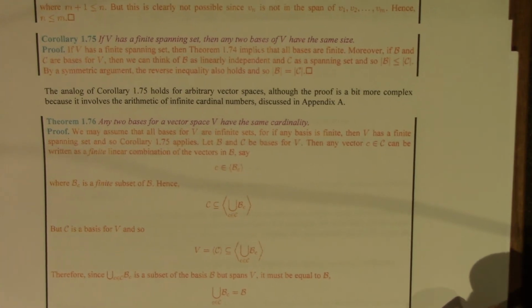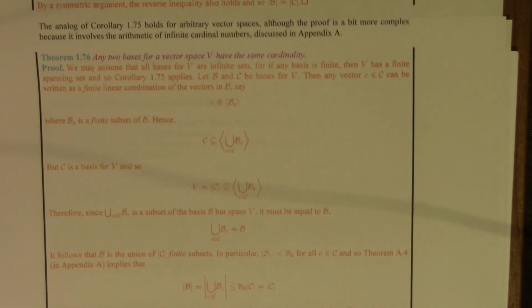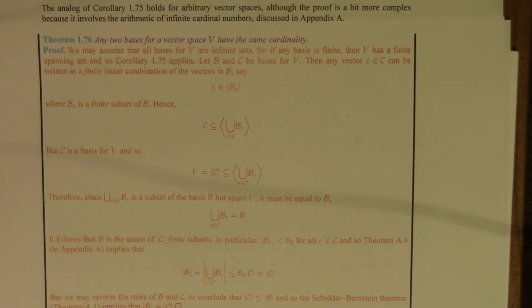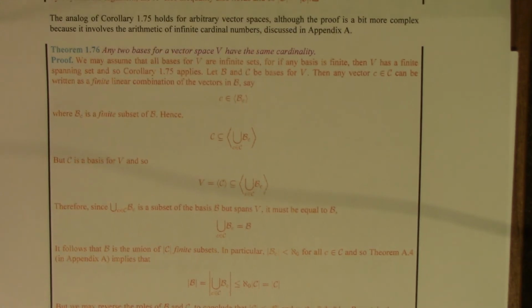This proof's a little rough going if you're not used to cardinal numbers. So you have a couple choices. I doubt very much that many undergraduate linear algebra books would give this proof, because they would have to discuss cardinal numbers to some extent. So you could just simply skip this proof.